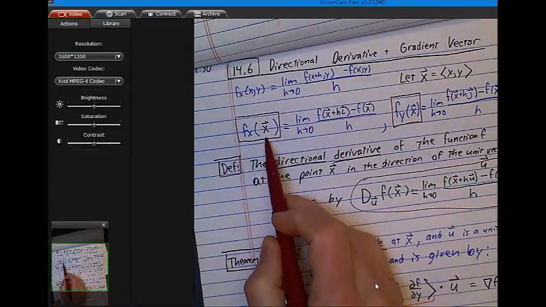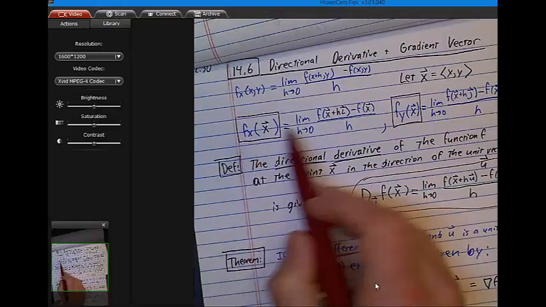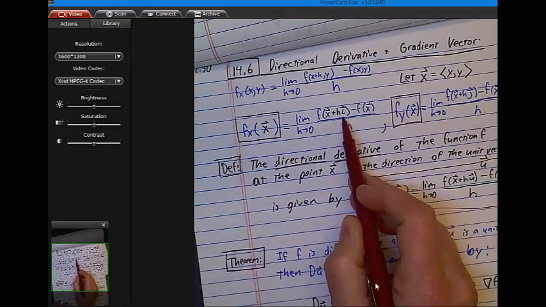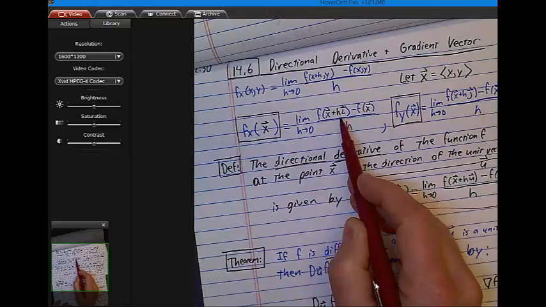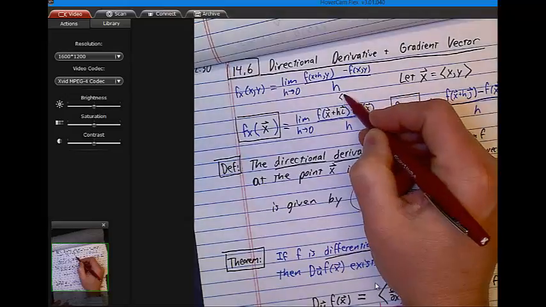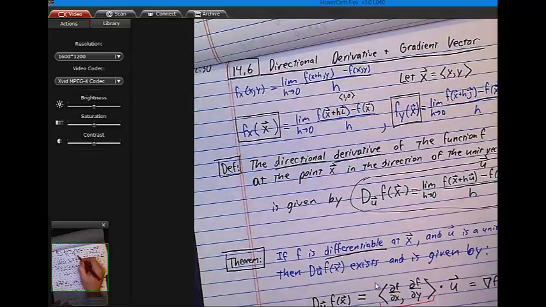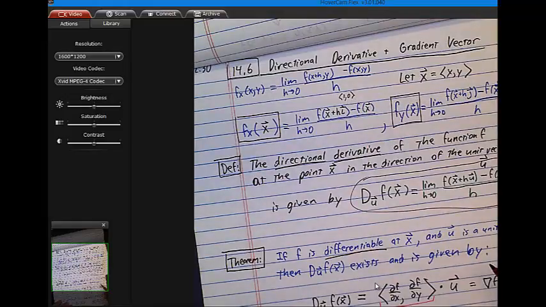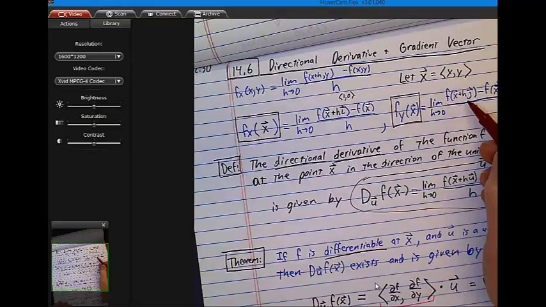When we did the x partial derivative, we wrote x plus h i, i being what? What vector is i? It would be 1, 0 if we're in R2. Or over here, j would be 0, 1. So that's the cosine and sine of pi over 2.